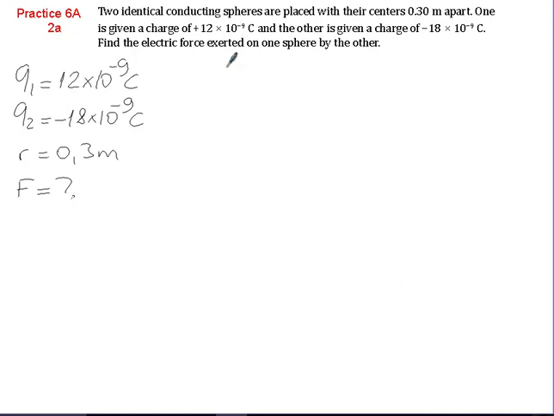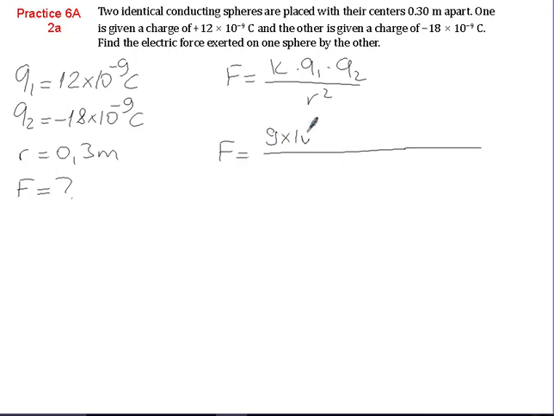So let's calculate it. F is equal to k multiplied by Q1 multiplied by Q2 over r squared. Then F is equal to k, the electric constant, Coulomb constant, 9 × 10 to the 9, multiplied by Q1, 12 × 10 to the minus 9 coulomb, and multiplied by the other charge, 18 × 10 to the minus 9 coulomb.